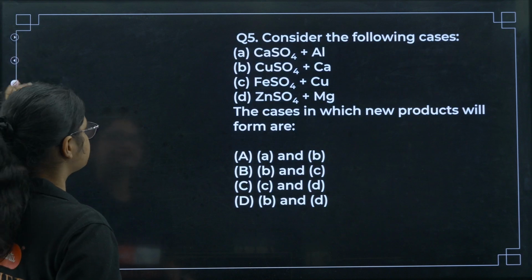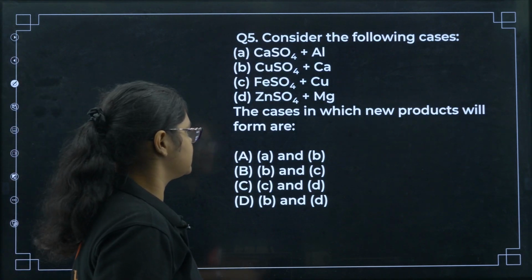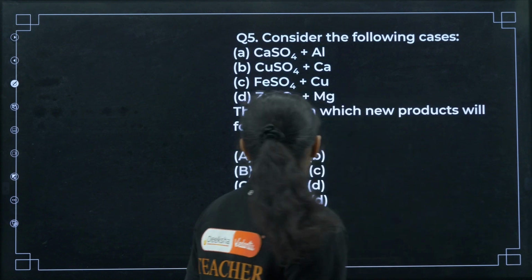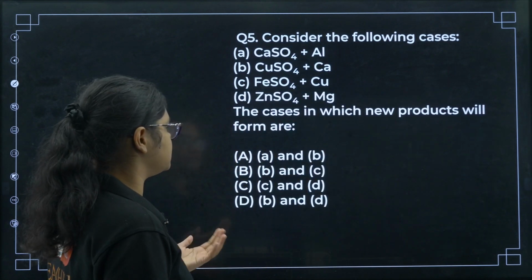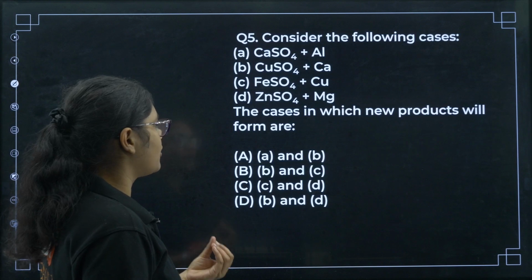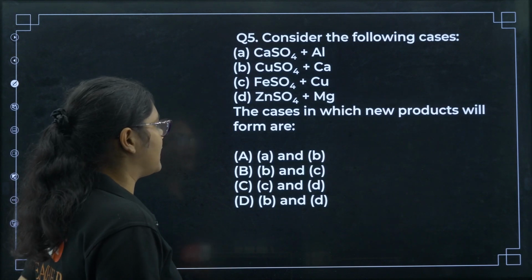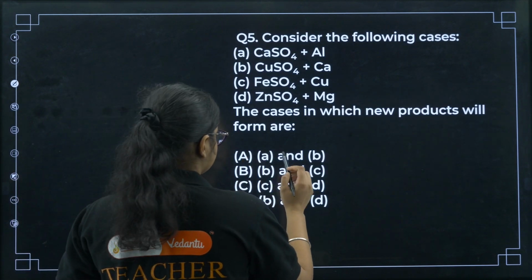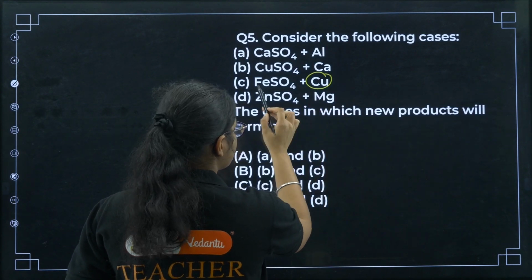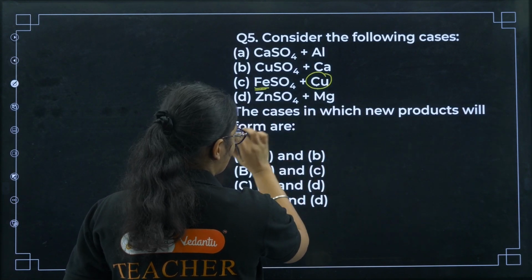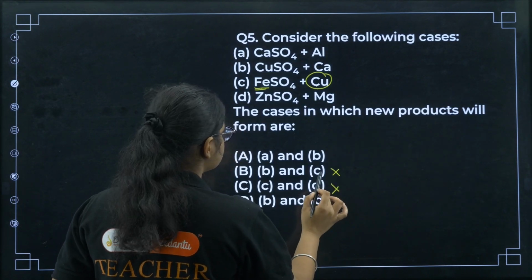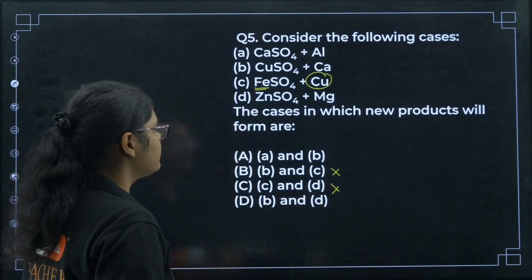Next question, consider the following cases: calcium sulfate plus aluminium, copper sulfate plus calcium, ferrous sulfate plus copper, zinc sulfate plus magnesium. The cases in which a new product will form are... Copper is less reactive than iron, so copper cannot displace iron. So C cannot be the answer, and we can eliminate those options in which C is there.